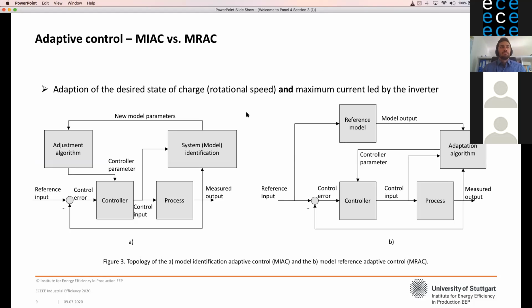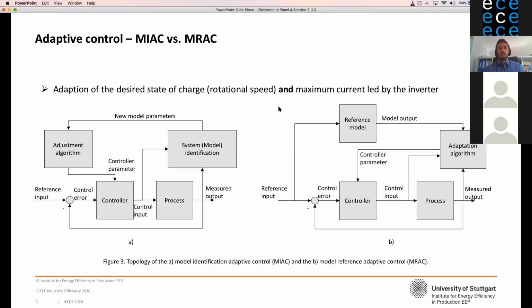What is meant by adaptive control is that we are adapting the set points for several values. So, for example, the state of charge, the rotational speed of the FES is 1 point. The other one is the maximum current, which is allowed by the inverter, which connects the motor to the DC link in this example. There are two main approaches for adaptive control. On the left side, in this picture, you can see the so-called model identification adaptive control, also short MIAC.